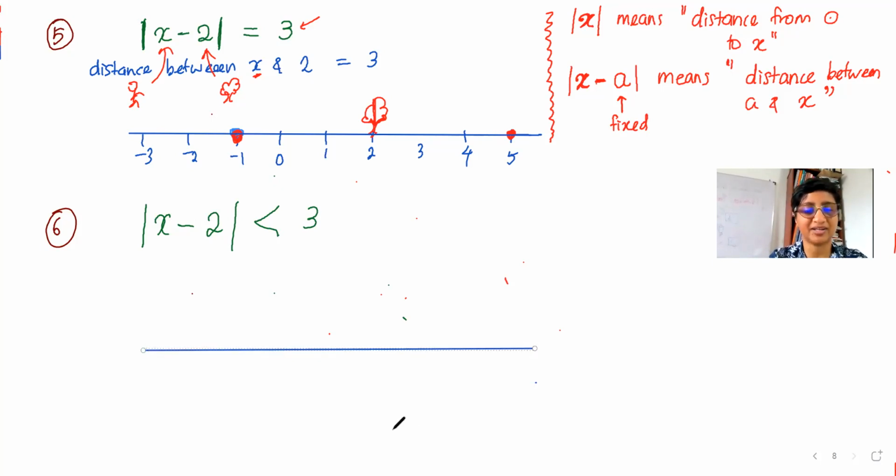So first mark the tree. Here's the tree, right at 2. Mark it in the middle. From 2, I have to think of all the numbers that are less than 3 units away. Less than 3 steps away from 2.